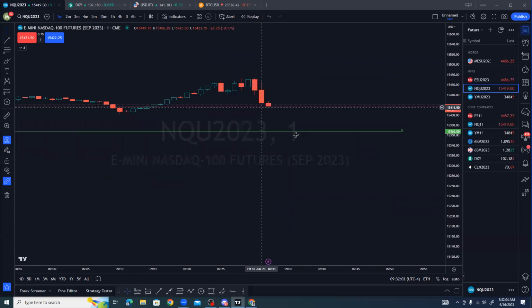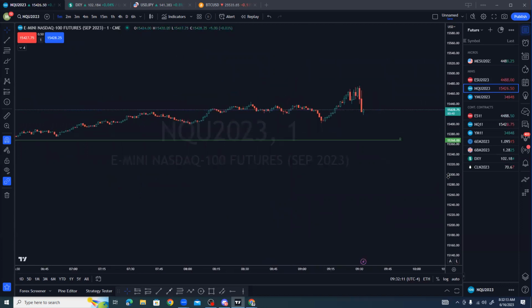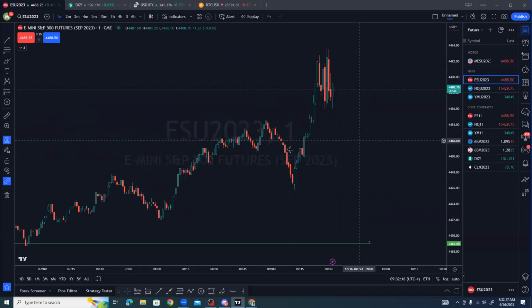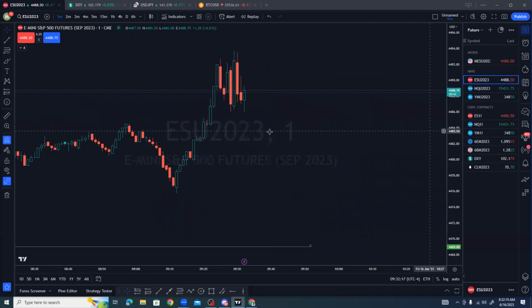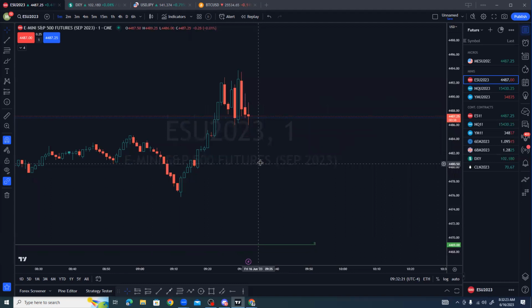Looks like it's going to make its way back down here to the daily price line. Yeah, see, we failed that. I like it short.